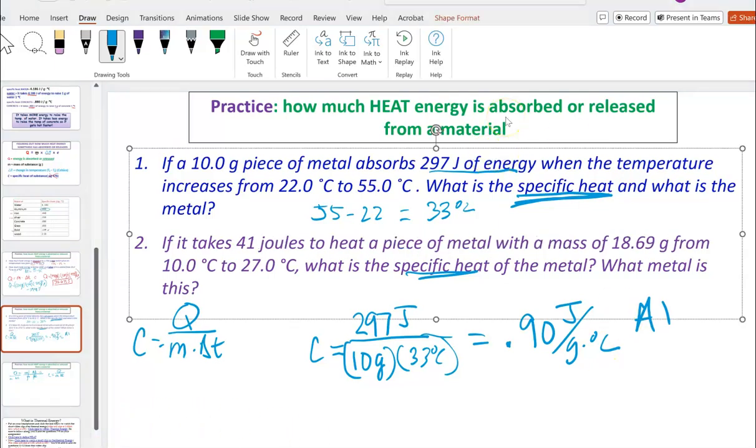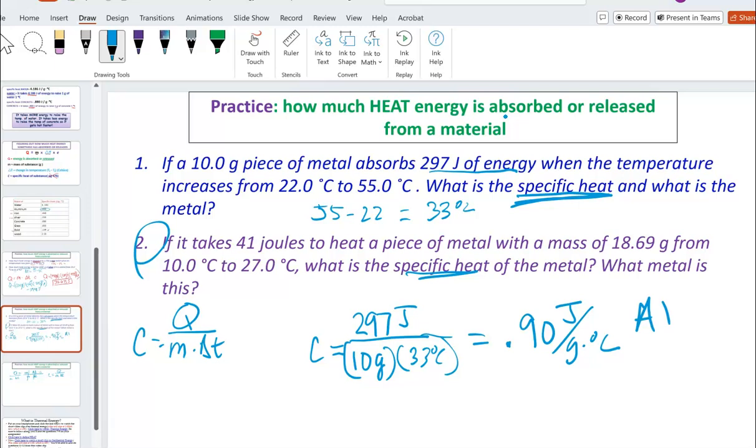Okay, so let's do our last problem, number 2. It says if it takes 41 joules to heat a piece of metal with a mass of 18.69 grams from 10 degrees to 27 degrees, what is the specific heat of the metal and what is the metal? So again, we're going to use this equation. So we're going to solve for C. C is equal to 41 joules of energy divided by my mass, which is 18.69, times my change in temperature.